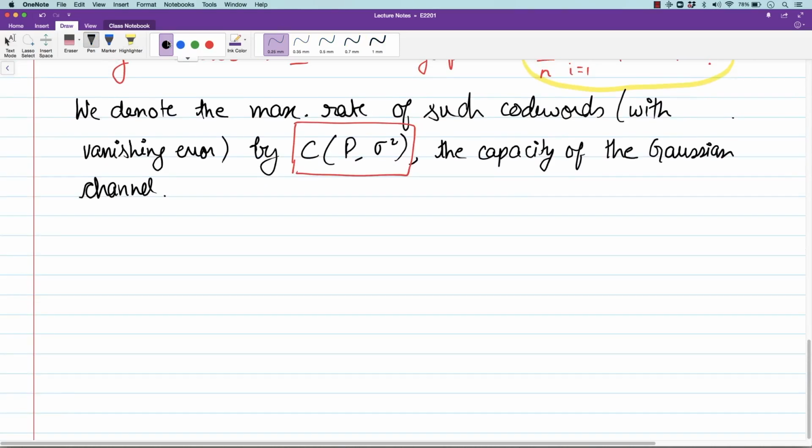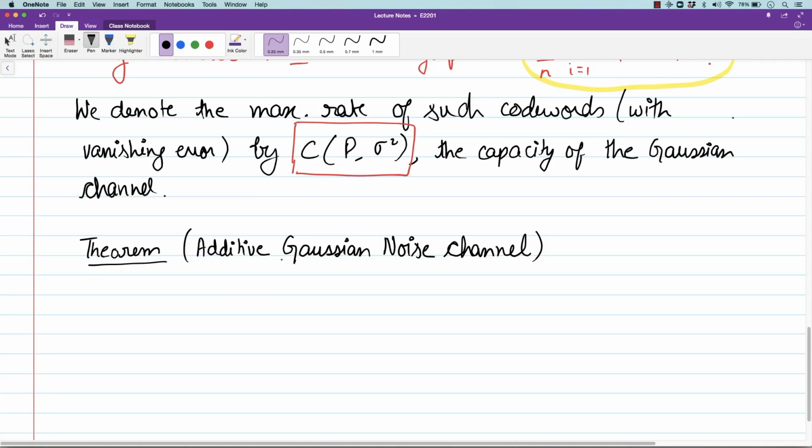Perhaps the most famous result from information theory is the characterization of this capacity, and I'll state that result as a theorem. This is the capacity of the additive Gaussian noise channel.